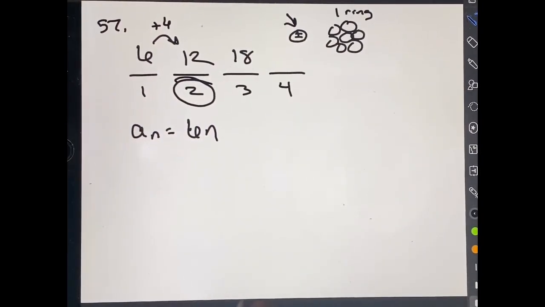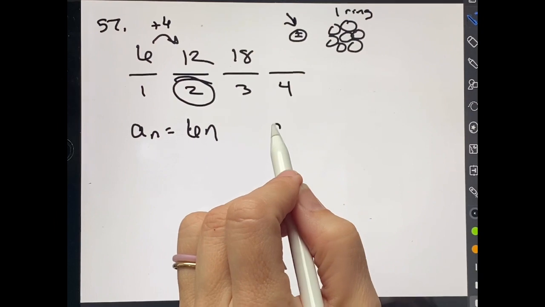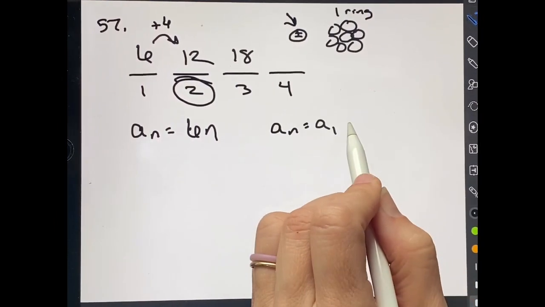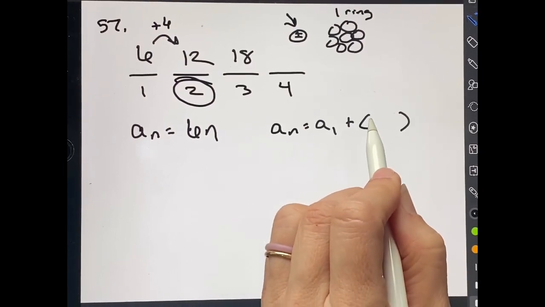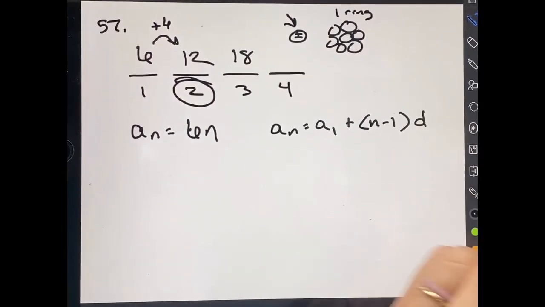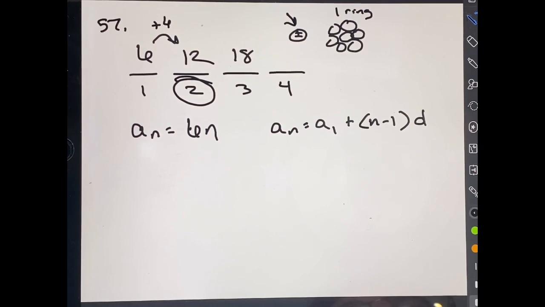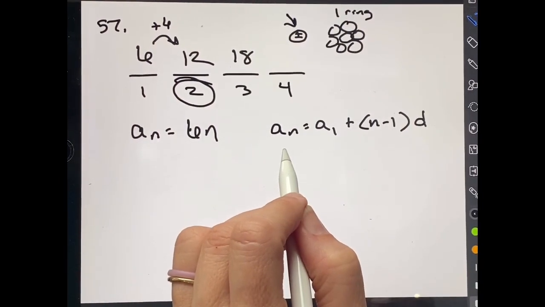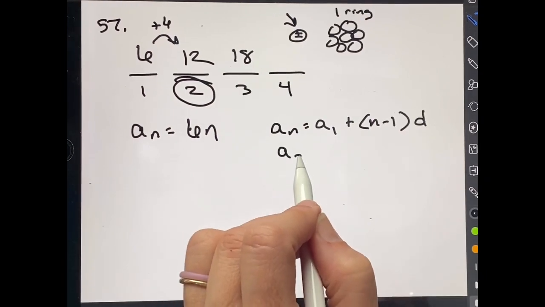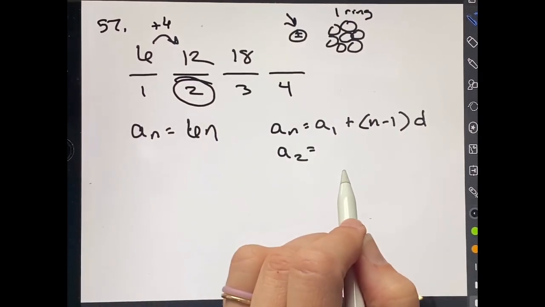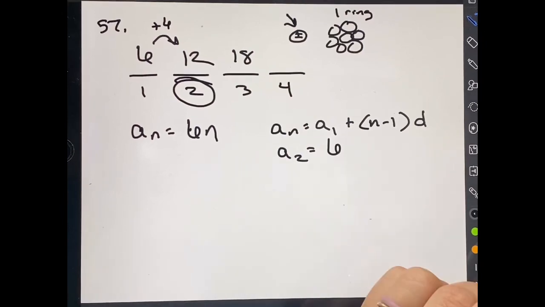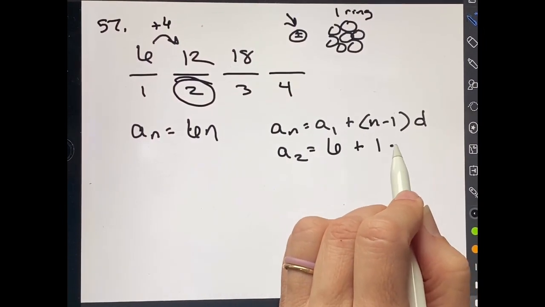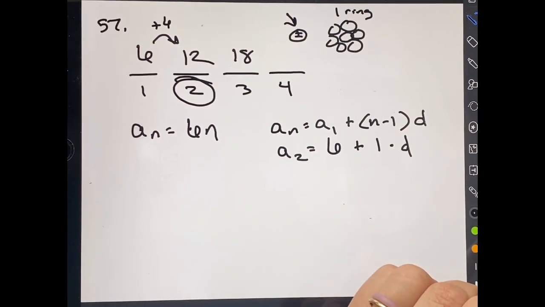If this was a harder one, we could use our generic formula that says that any value is equal to the first value plus however many n minus 1 jumps times whatever you're jumping by. And we could say that our second value, a sub 2 here, which we know to be 12, was our first value of 6, plus I only jumped one time, times this d that I don't know.